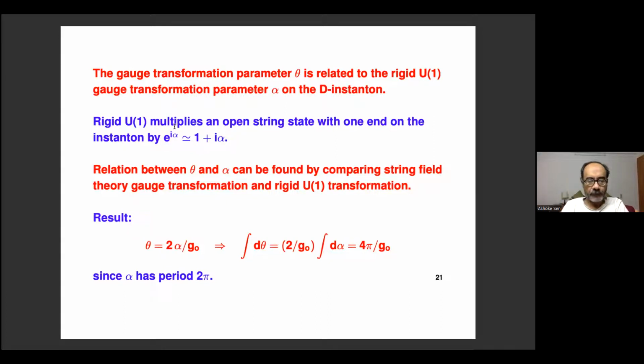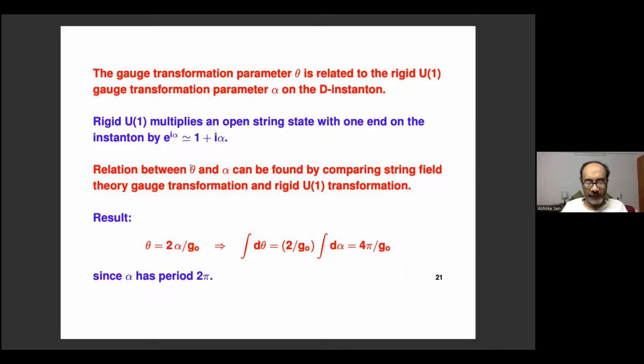It's a rigid symmetry. So the idea now is that we take this transformation law. The expected transformation law of an open string with one end on the D-instanton and another end on something else is a multiplication by e to the i alpha, or for small alpha, multiplication by 1 plus i alpha. Then you compare it with the gauge transformation of the same open string state under the open string gauge transformation parameter theta, where the open string gauge transformation laws are known.